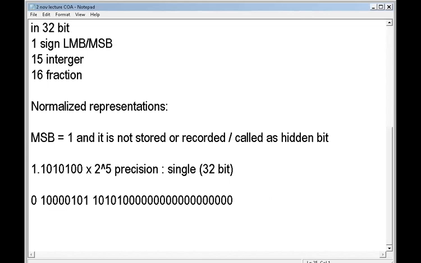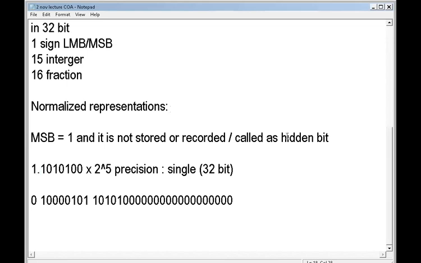In this example, I had told that we need to store this normalized binary representation. Why is this normalized? Because we are having only a single significant bit 1 before the radix point or base point, right? So whenever you find a number with only a single symbol before the radix point, then it is a normalized representation.